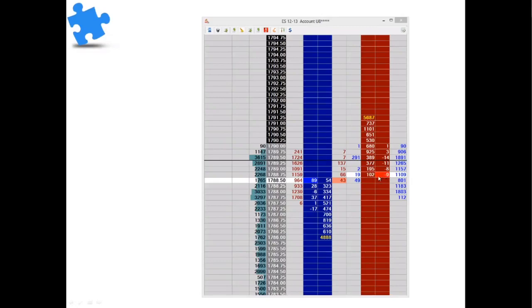If we get some more pulling here and some more stacking here, I would expect price to tick up. Okay, there is that tick up. So that snapshot column is really something you're going to use just to refine an entry. It's not something you're going to be watching for the market's ebb and flow.